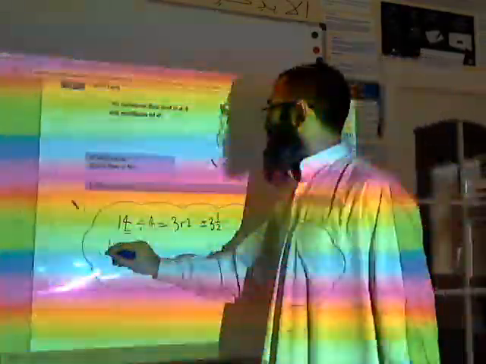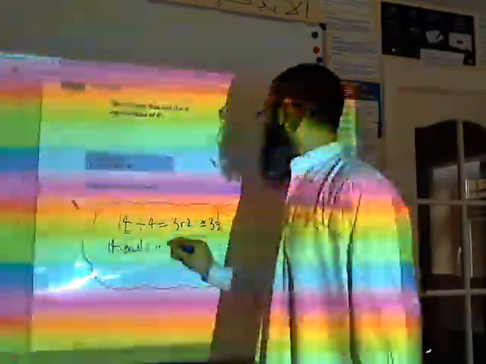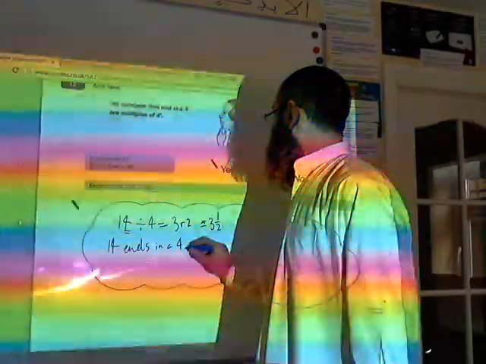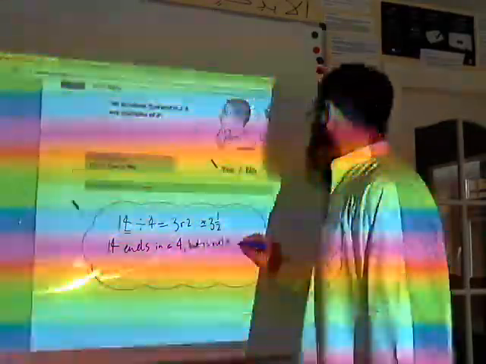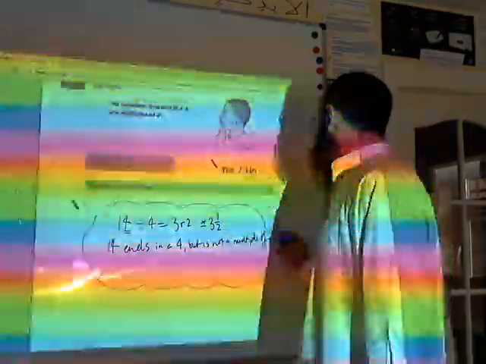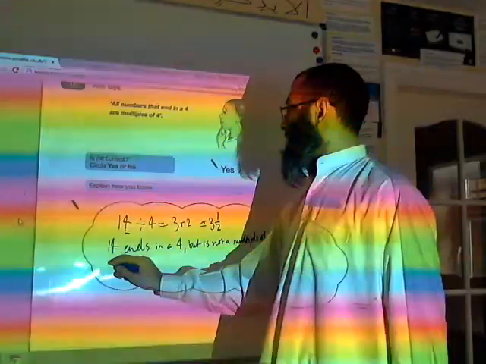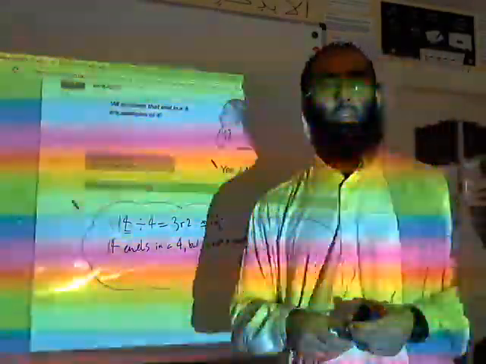So what would we say here? 14 ends in a 4, but is not a multiple of 4. Okay, it's not a multiple of 4. And that's the test that we do, the divisibility test.